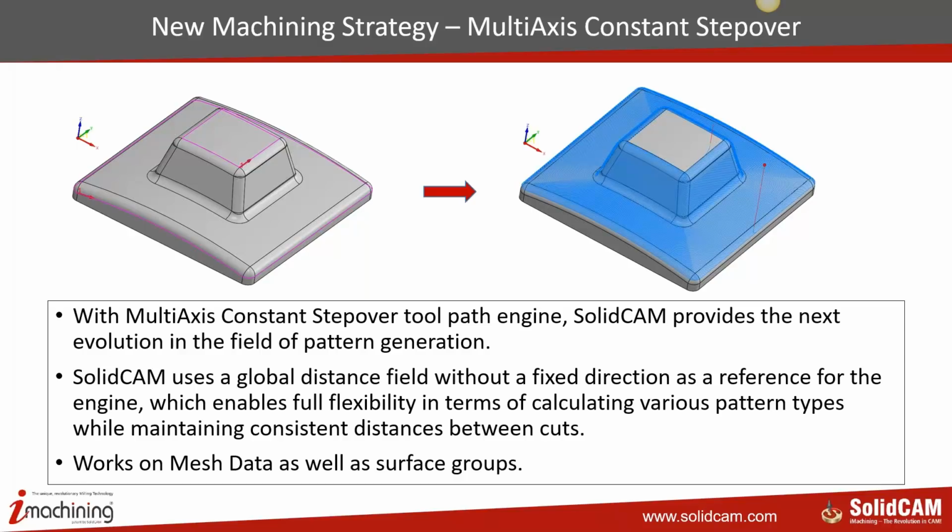So it doesn't matter whether you're working on surfaces or on meshes, you will get a toolpath with a constant Stepover either on mesh data or on surface group data. It's a very interesting thing. When I come to the end of this particular strategy, I'll explain what we are going to do more.